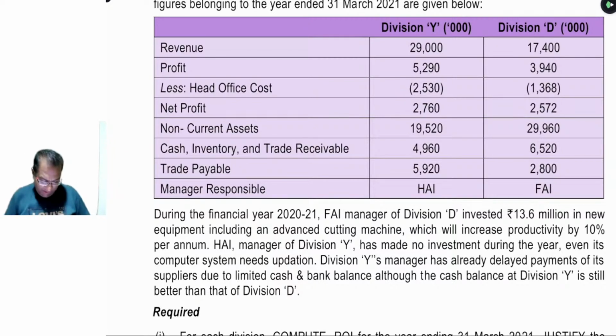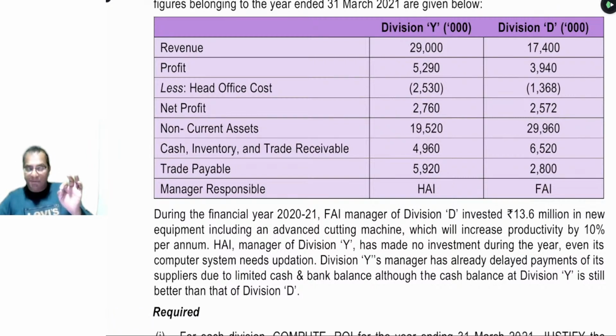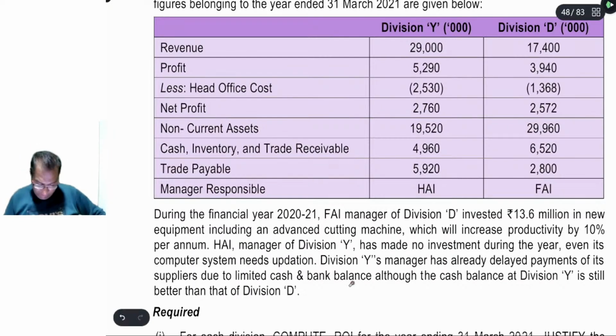Okay, HAI, who is the manager of Department Y, has made no investment during the year. Even its computer system needs updation. Department Y का जो computer system है, that is in need of updation. Even after that requirement, Department Y has made no new investment whatsoever.